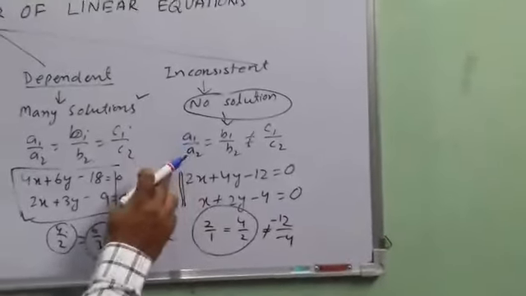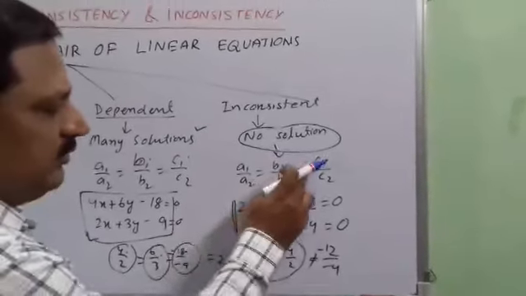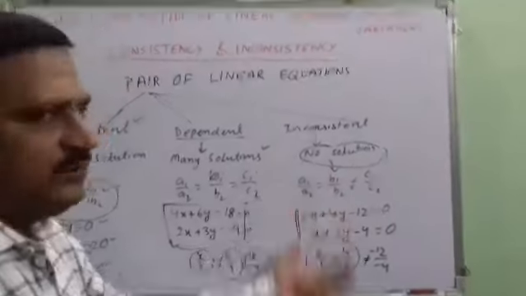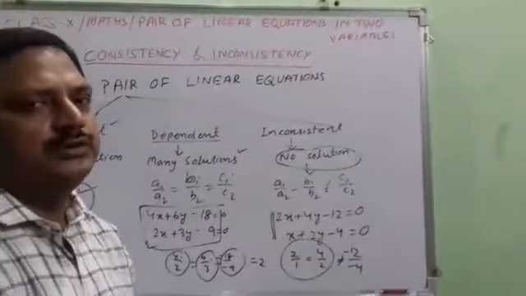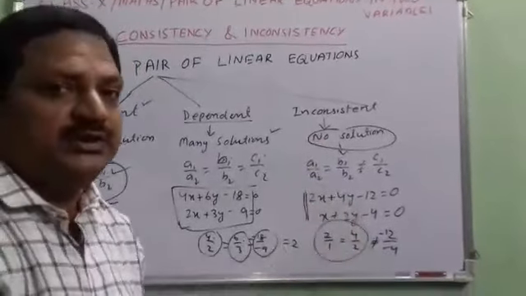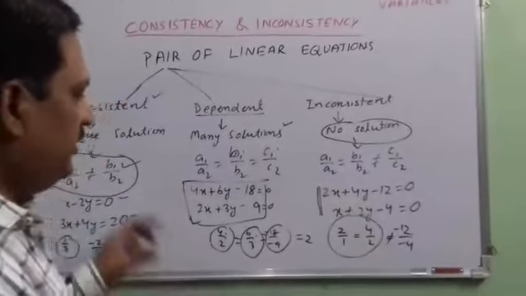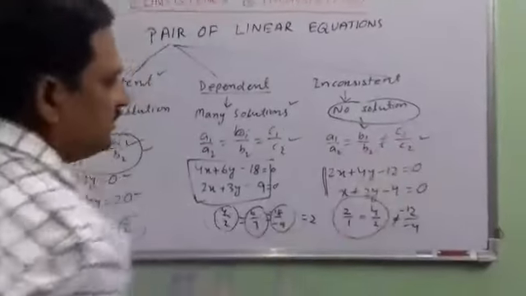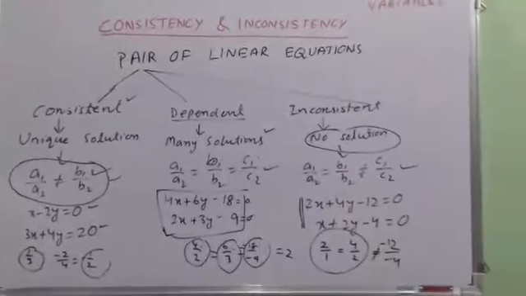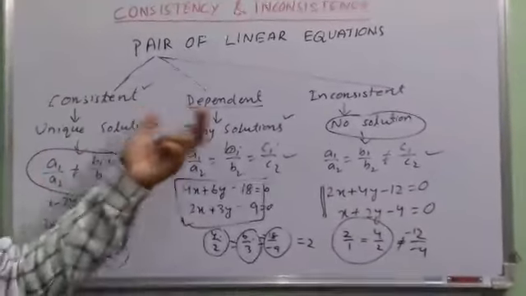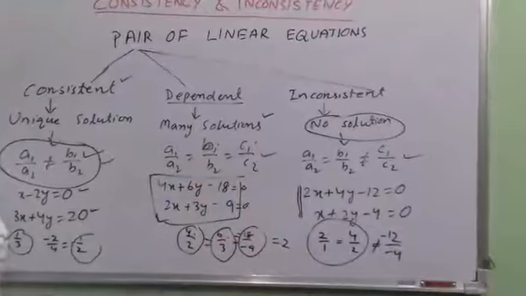So a1 by a2 equal to b1 by b2, but it is not equal to c1 by c2. In such cases we shall not find any solution to the pair of equations, as you have seen in the third graph. Okay, by using these three relations, we can find out whether any pair of equations will be consistent, dependent, or inconsistent.